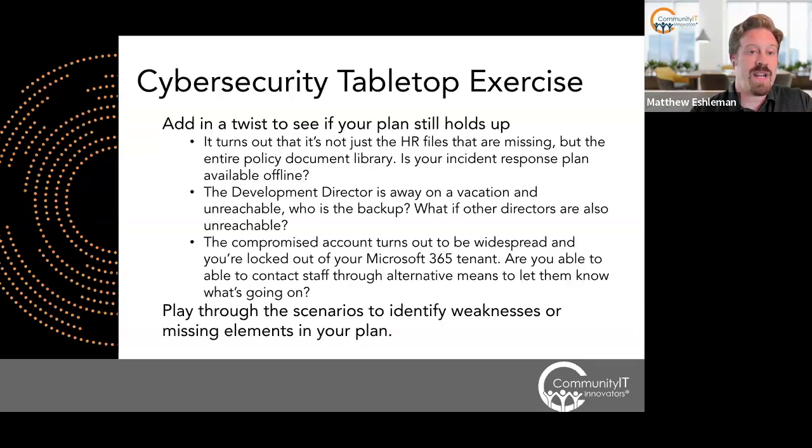So now, instead of relying on Teams messaging to chat and coordinate a response, we're locked out. As an organization, do you have the ability to contact staff through other means? Is that something you have access to outside of your primary system? Again, a couple of these little twists can help identify weaknesses in the plan and areas for improvement or revision.